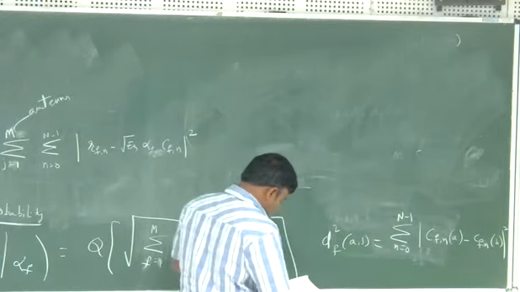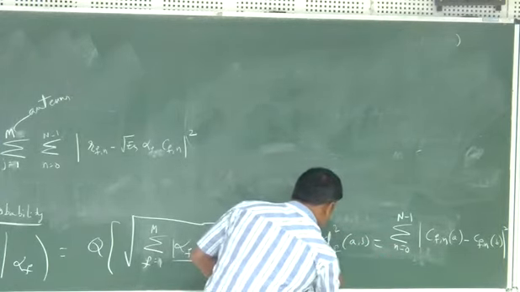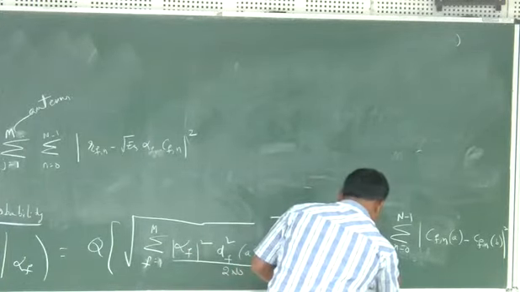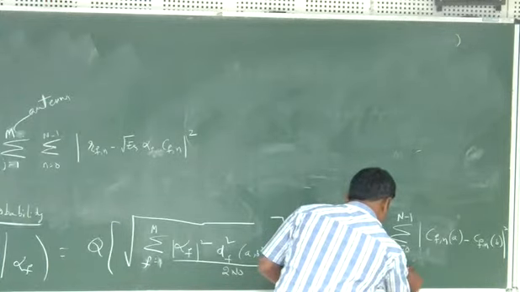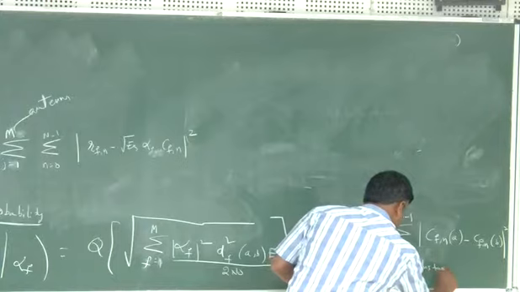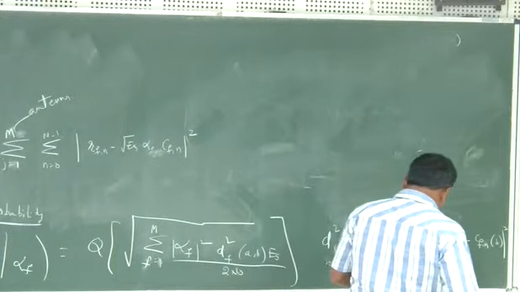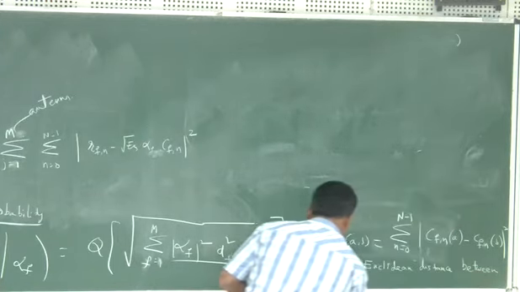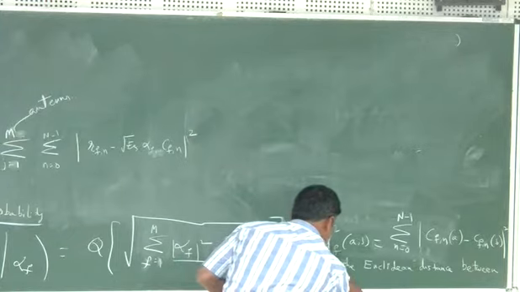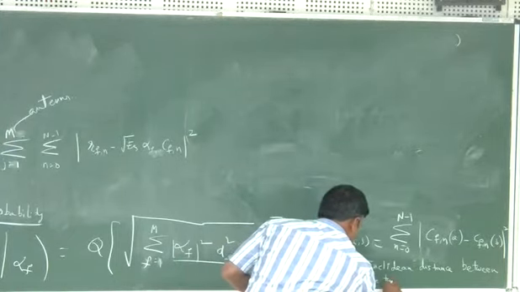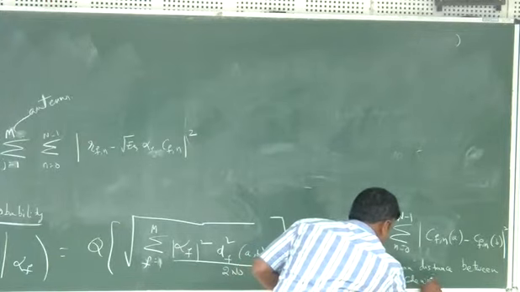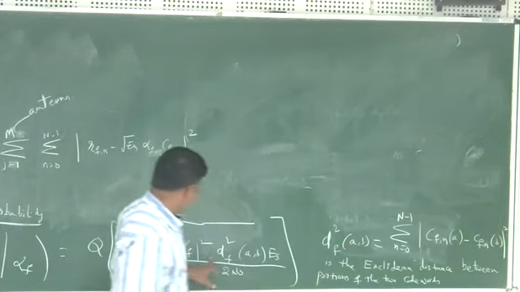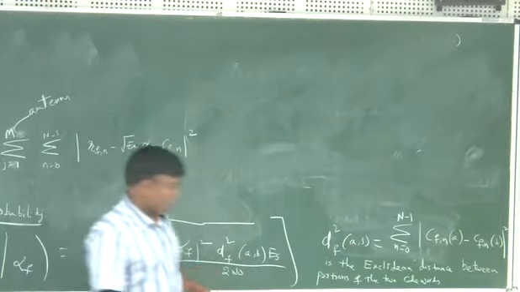What it is, is the Euclidean distance between portions of the two code words residing in this block F. We're just measuring for each block, and then we're summing it for all the blocks.